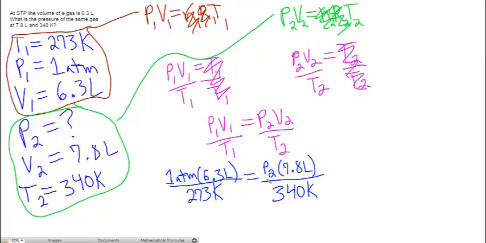Now we want to get the P alone and in the numerator on one side of the equation. It's already in the numerator, so we don't have to worry about that. Let's just get it alone. The way we do that is we want to get rid of all the numbers and the units on this side. So we're going to counter them by multiplying both sides by 340 Kelvin.